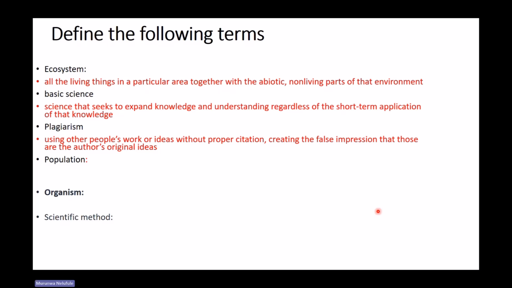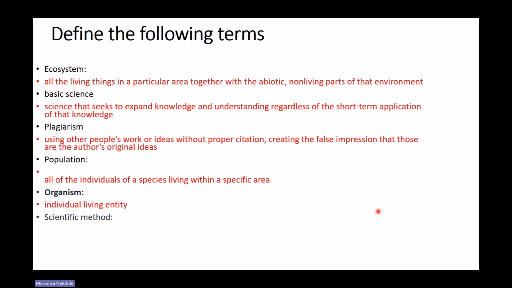Thank you. So it's simply all individuals of a specific species living in a specific area. An organism is an individual living entity. All right. Exactly, an individual living entity.